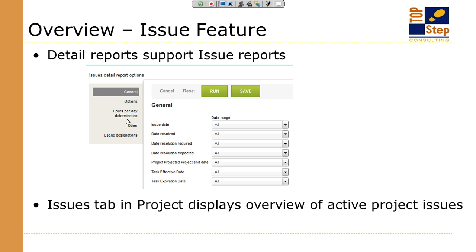So you can use the date ranges on the issue form. You can use the fields that you put on there, either the standard drop-down fields like category, severity, source, or custom fields that you may add on there to write these reports that are going to be usable so that you're interacting with the data. And of course, one of the nicer features is that the Issues tab itself shows up in the project module at the tab level.